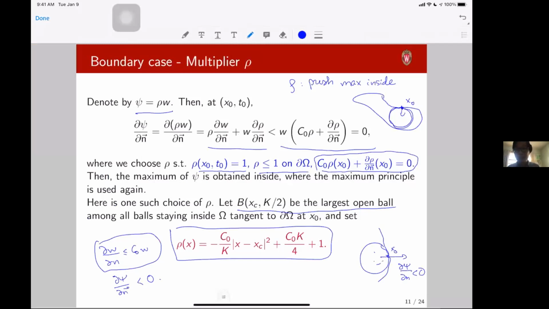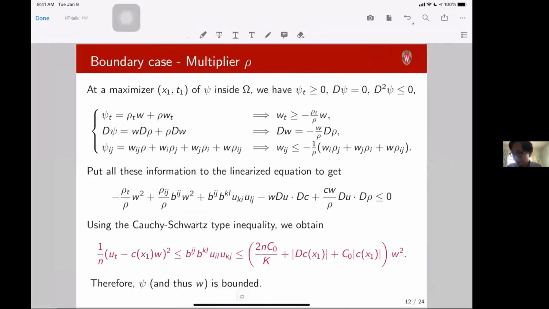There can be many other kinds of multipliers, but this is great for our purpose. It's just a downward parabola. Okay, so with this multiplier coming into play, we can push the maximum inside, and then we can apply the maximum principle. It's a little bit tedious, but the flow is clear.